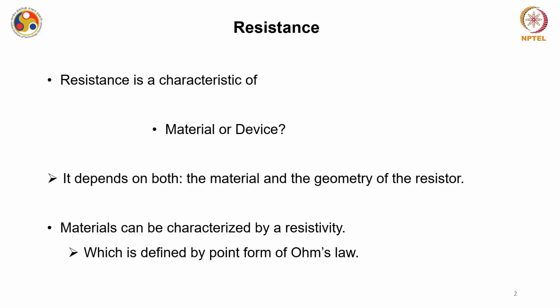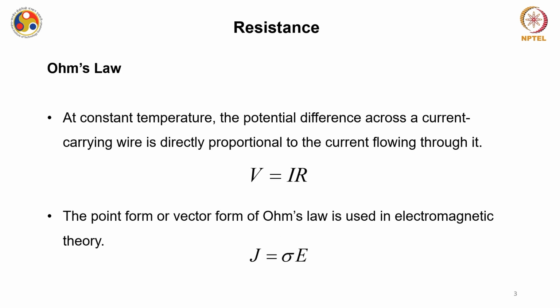Materials can be characterized by their resistivity, and resistivity is defined by the vector form of Ohm's law. Quickly, we'll see what Ohm's law is in its regular definition and in its point form. At constant temperature, the potential difference across a current carrying wire, particularly conductors, is directly proportional to the current flowing through it.